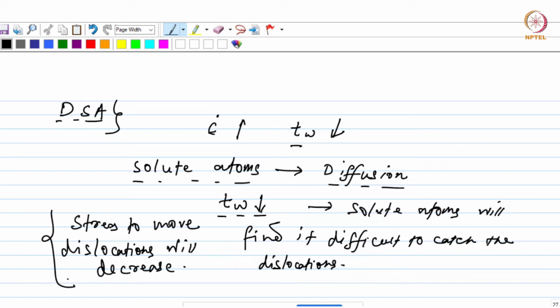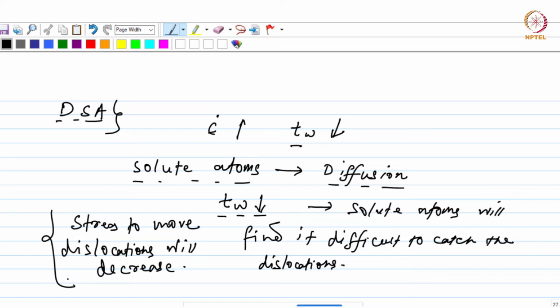Applying a simple logic here, like we did in the previous case, you can see why the stress would now decrease. In the previous case it increased, but now it is decreasing simply because dislocations are moving easily, since solute atoms are not able to catch up with them. They are not pinned down by the solute atoms, and therefore they can move easily.